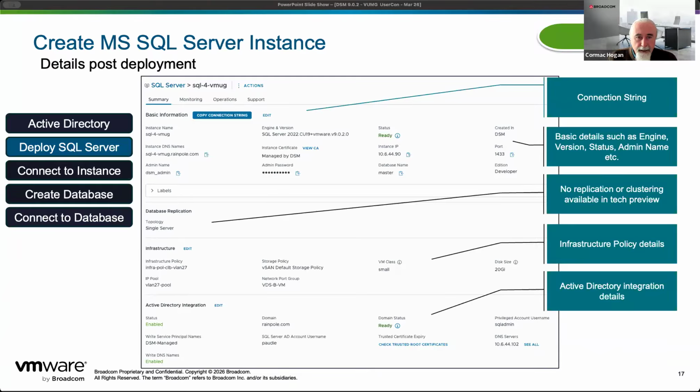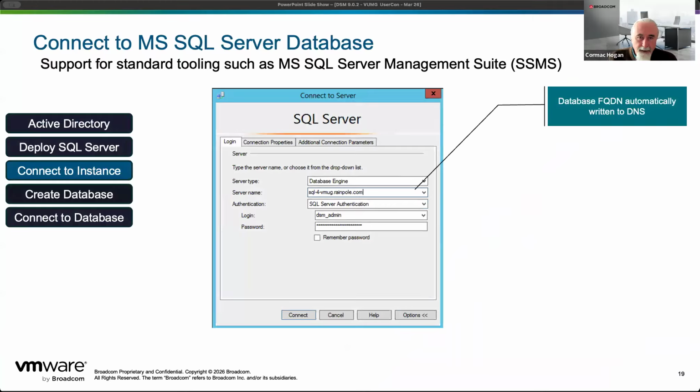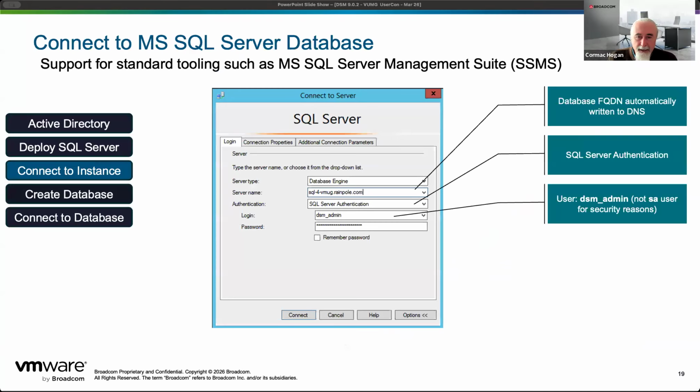So how do we connect to the instance? This just looks like any other SQL Server, so you could use something like SQL Server Management Studio, like you're seeing here. I think there's also an Azure management tool as well, a more recent one. But the idea here is that you will just be able to connect as an SA user.